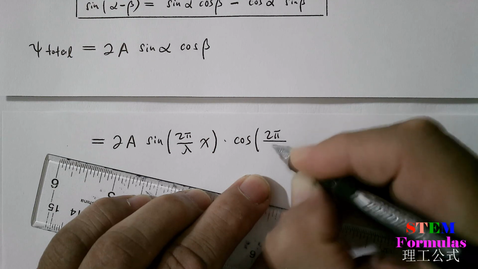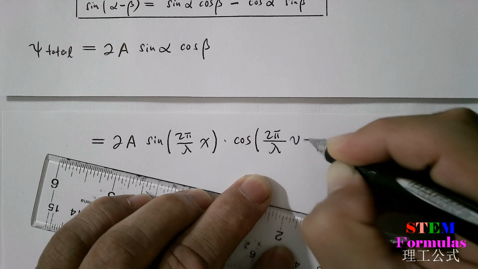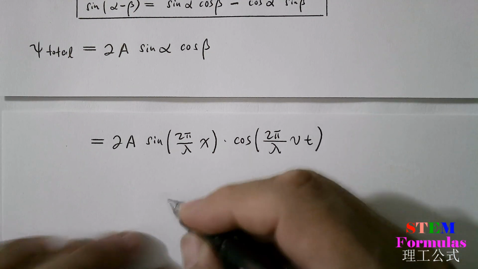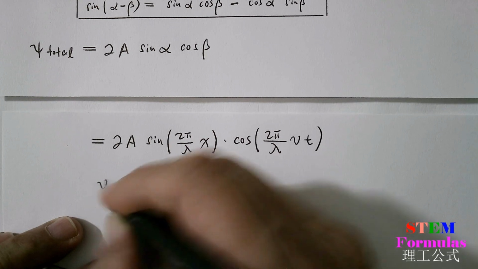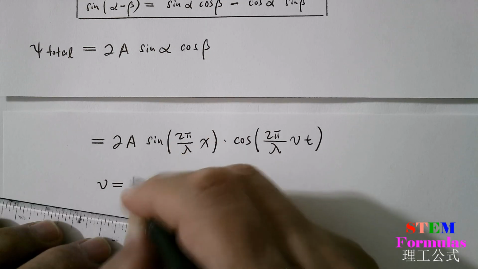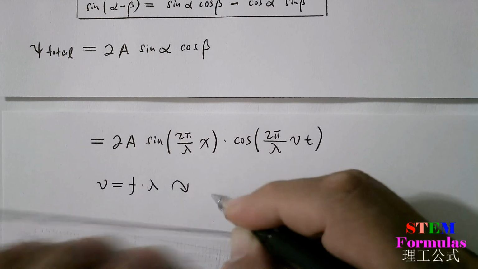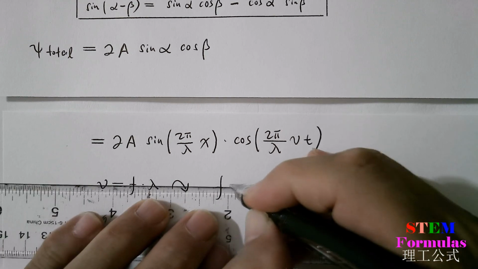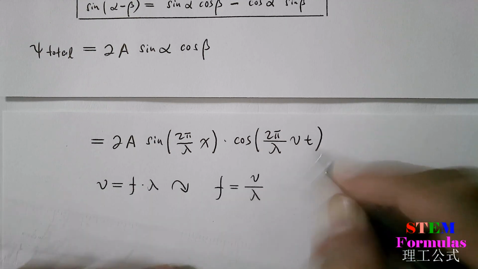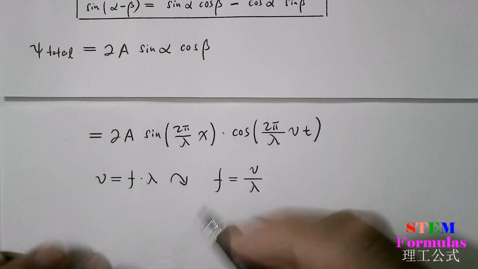Now remember v equals f times lambda, therefore f equals v divided by lambda. So this v divided by lambda I can replace with f, the frequency.